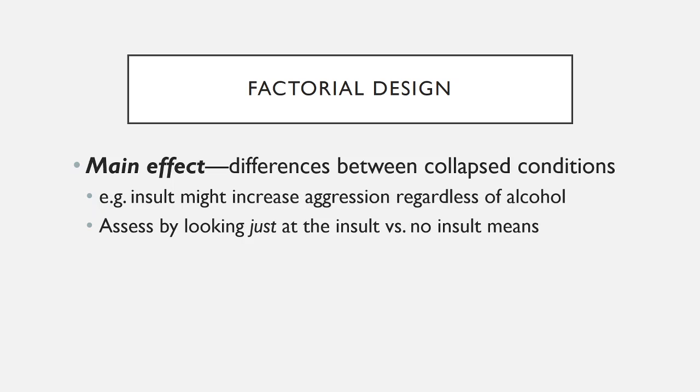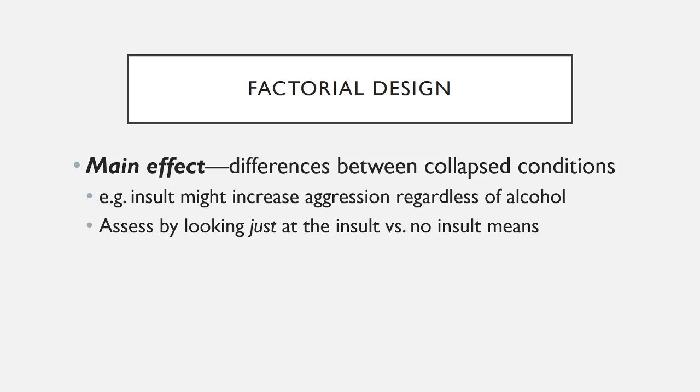Okay, so this main effect I just referred to, this is when you want to know the differences just looking at a single IV, regardless of the second IV. So if I think that insult has an effect on aggression before alcohol even has its exacerbating effect, that's interesting information as well.